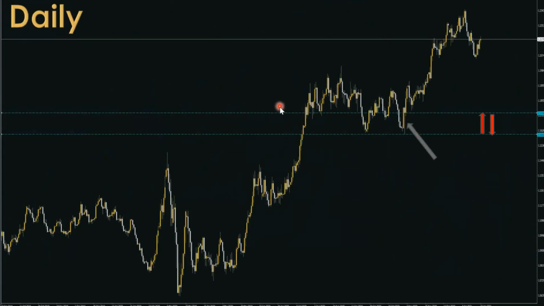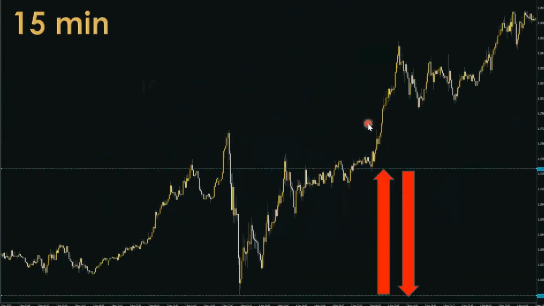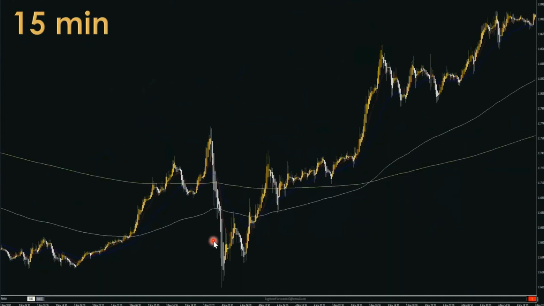Another example here. This here is a wick. Yeah, it's come down on like a structure. This is the whole wick here. Zoomed in on the 15-minute. This is how it looks on Heiken Ashi. This is the area. The wick is that big.